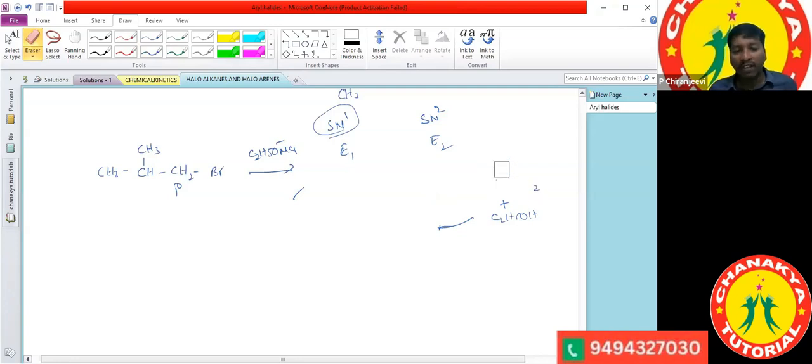If they have given a primary alkyl halide, it undergoes the SN2 reaction mechanism. Next it follows SN1, and tertiary butyl ethyl ether is going to be formed.